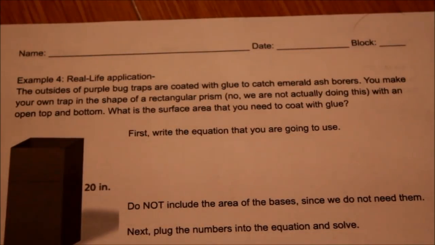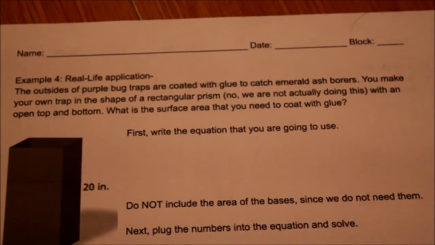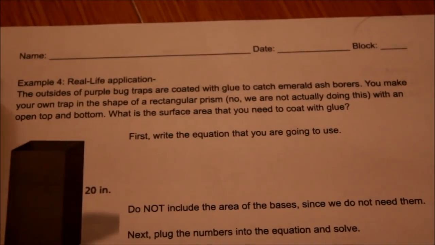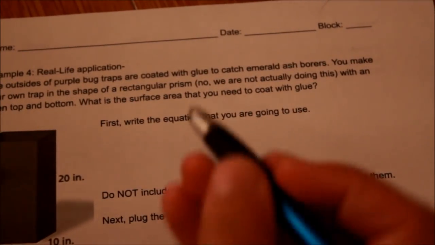The outsides of purple bug traps are coated with glue to catch emerald ash borers. You make your own trap in the shape of a rectangular prism, like I said, we are not actually doing this, with an open top and bottom. What is the surface area that you need to coat with glue?